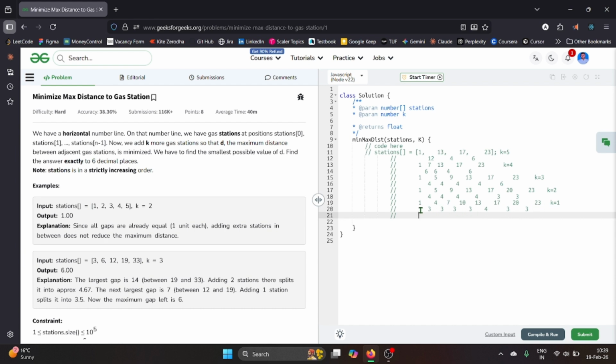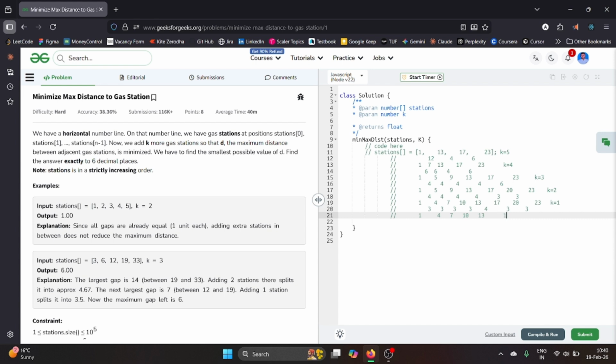So you can see that the maximum distance is 4. Our ultimate motive is to minimize the maximum distance, so we have to put our new gas station over here, at the distance of 4. Okay, so our new gas stations will be at the fourth position, the second one at the seventh position, the third at the 10th, and then 13.